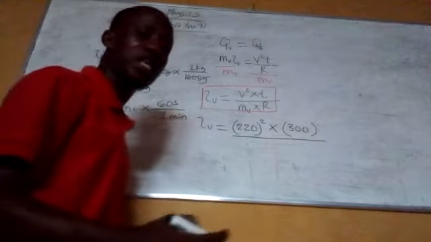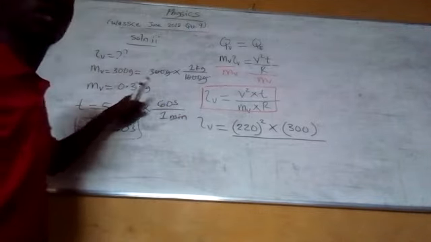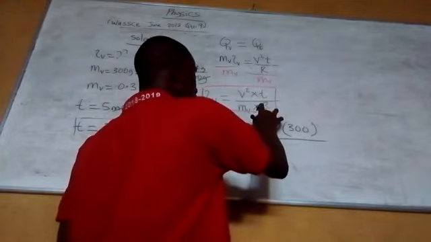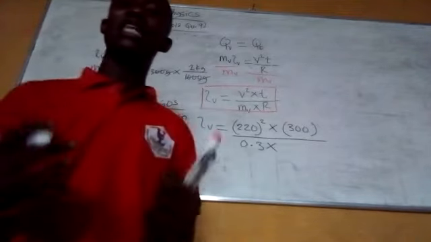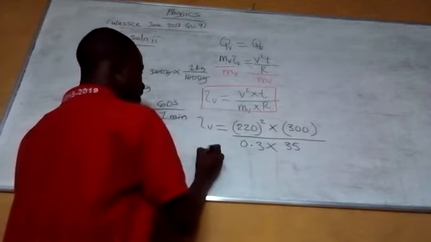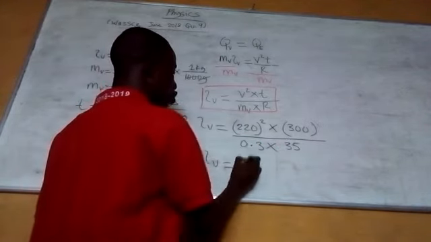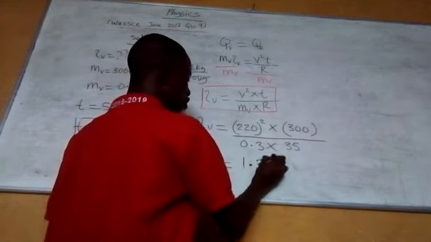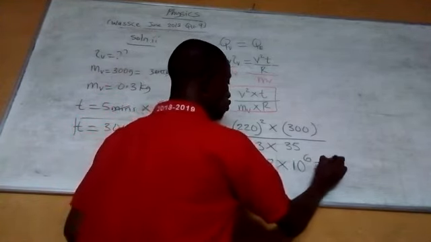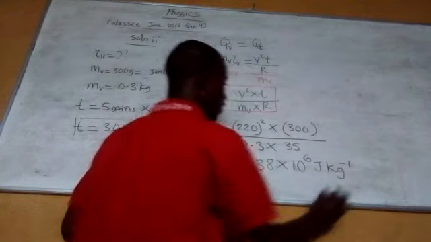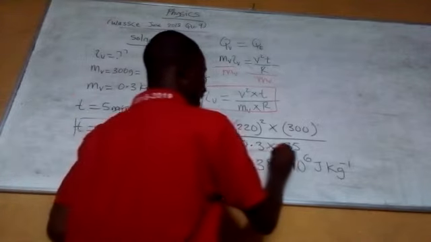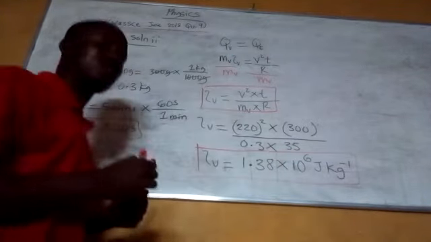We converted it and we have 0.3 kg. So we get 0.3 times the resistance given to us in the problem was 35 ohms. So we have 35. When we do this, our final answer will yield 1.38 times 10 to the 6th power joules times kilogram inverse. So this is our specific latent heat of vaporization.